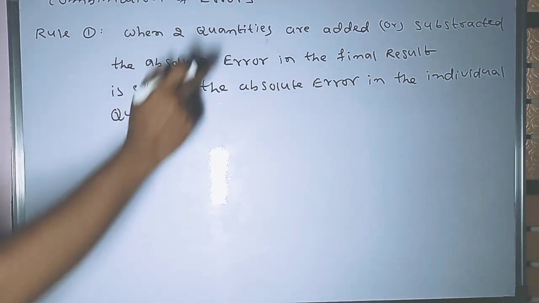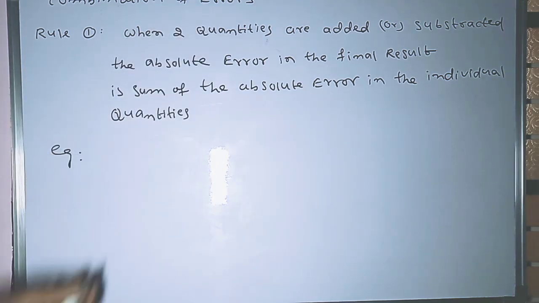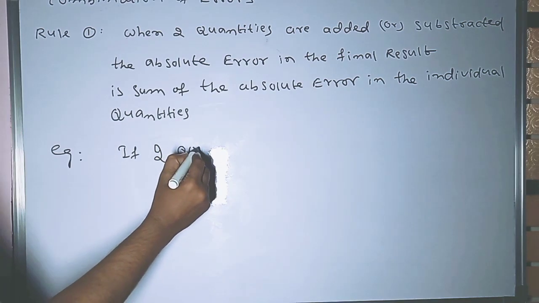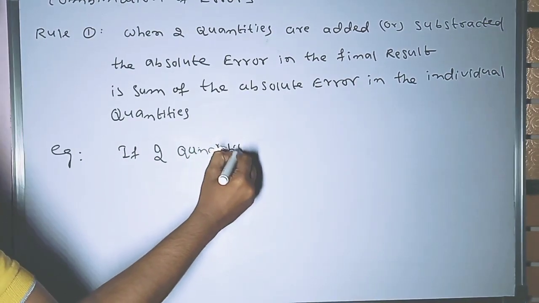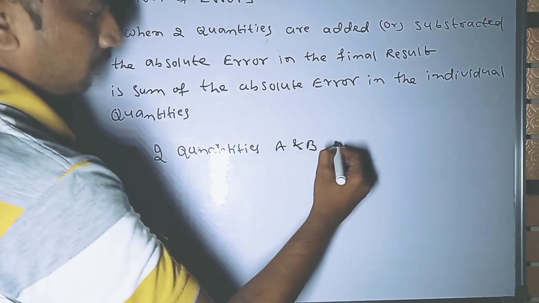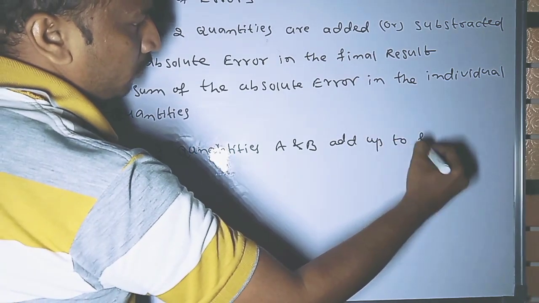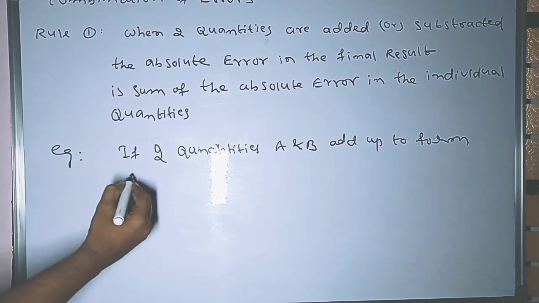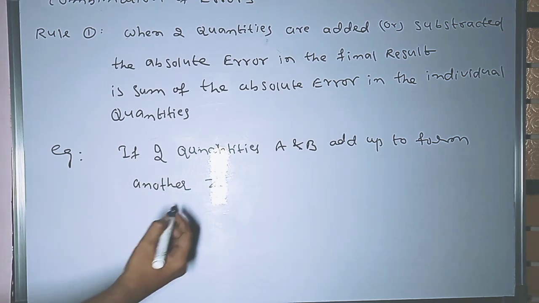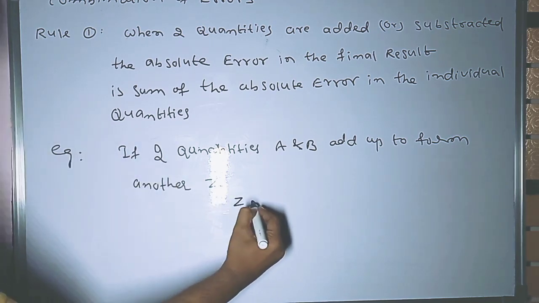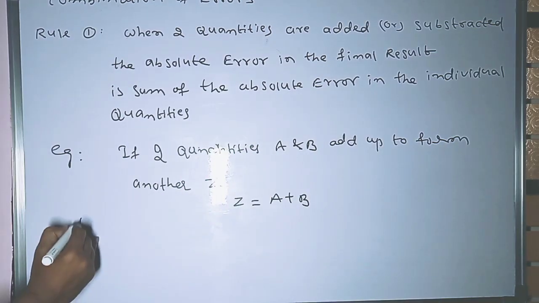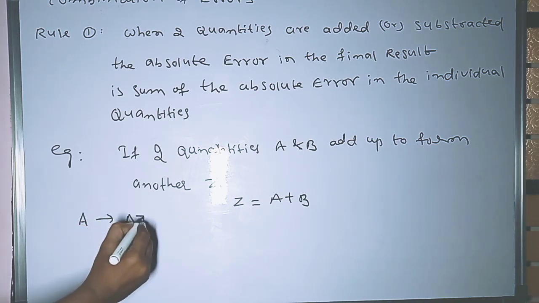How? When two quantities are added or subtracted. For example, take two quantities A and B, and we are adding them to form a resultant, Z. So Z is nothing but the resultant of these two quantities, that is Z is equal to A plus B. A is a quantity, delta A is its absolute error.